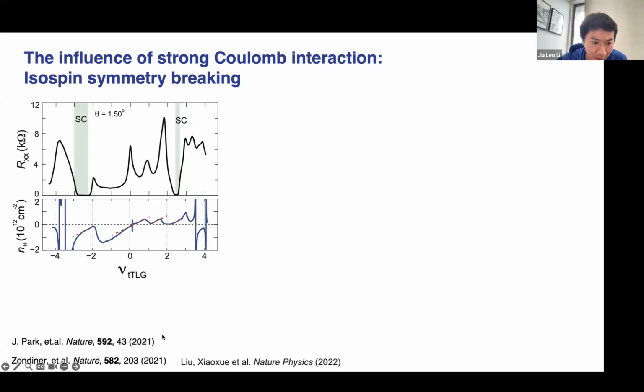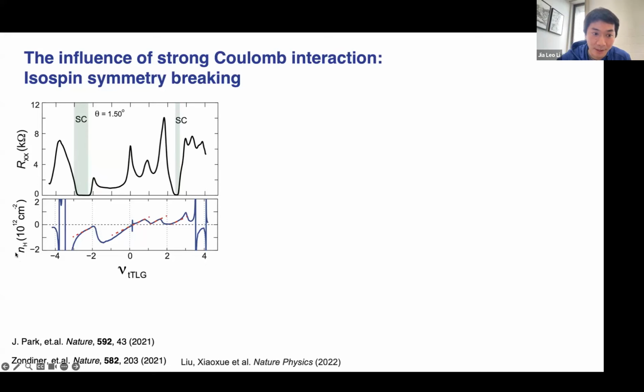I show the reference down here. At integer filling of 1, 2, 3, that means there are 1, 2, 3 electrons per Moiré superlattice. Because the degeneracy is 4, at these fillings we expect metallic states, but something exotic is happening that shows up as peaks in the resistance, showing that there's some Coulomb-driven phenomenon.